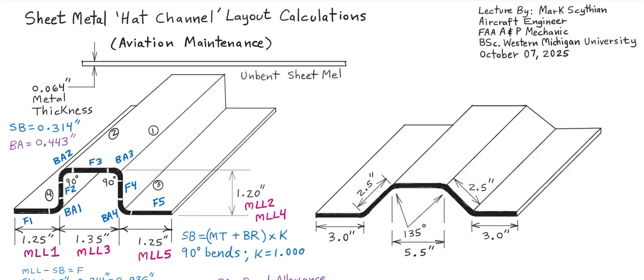So to take the components that make up the bend schedule, this is the first flat, flat 1, plus bend allowance 1, plus flat 2 plus bend allowance 2, plus flat 3 plus bend allowance 3, plus flat 4 plus bend allowance 4, and then finally plus flat 5. So now we can just implement the information. Let's go back down here a little bit.